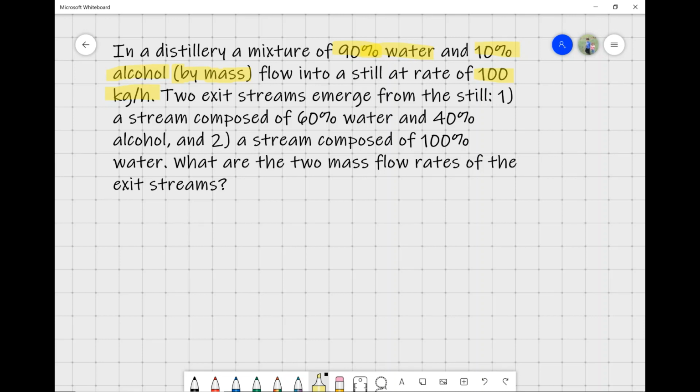Then we have two exit streams emerging, and the information we have here is composition information. I'm going to assume by mass because it's not otherwise specified, and the incoming flow rate was specified by mass, so it's a good assumption to say this is by mass, even though I didn't specify. I'm usually a little better at specifying in the problems, but we're going to assume this is by mass.